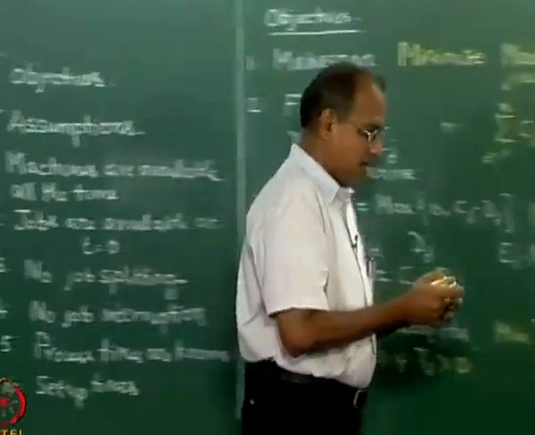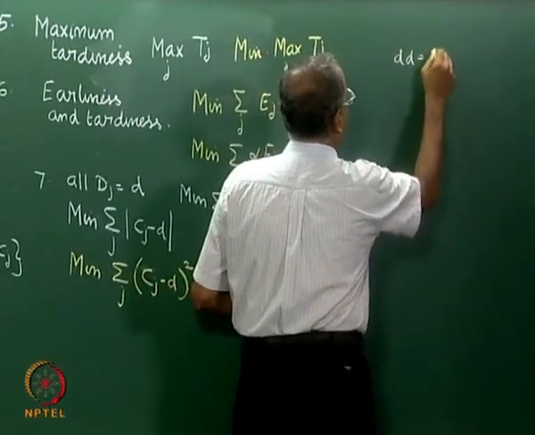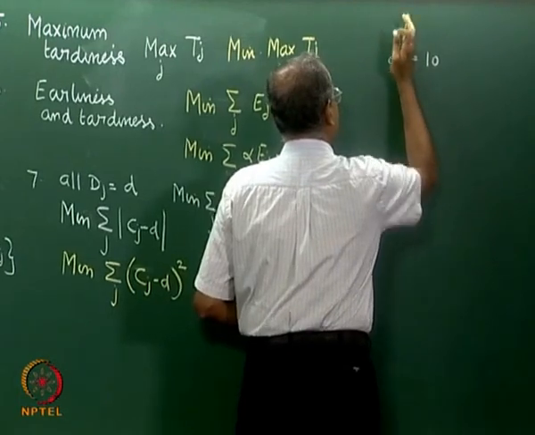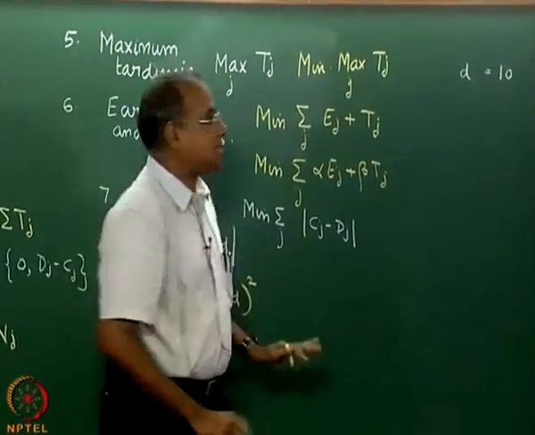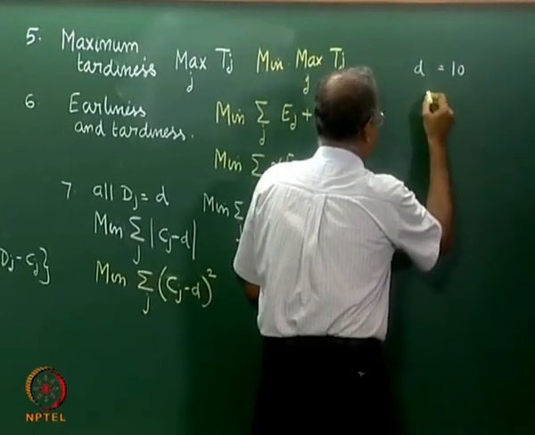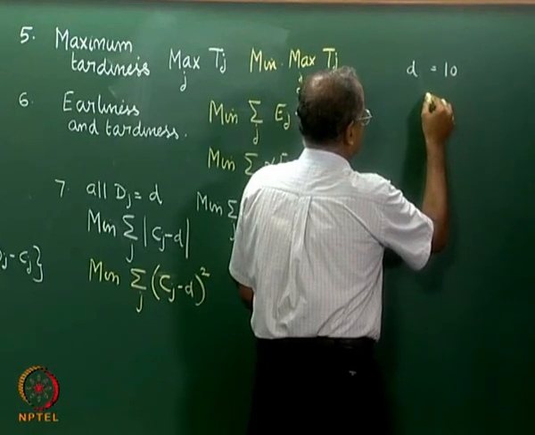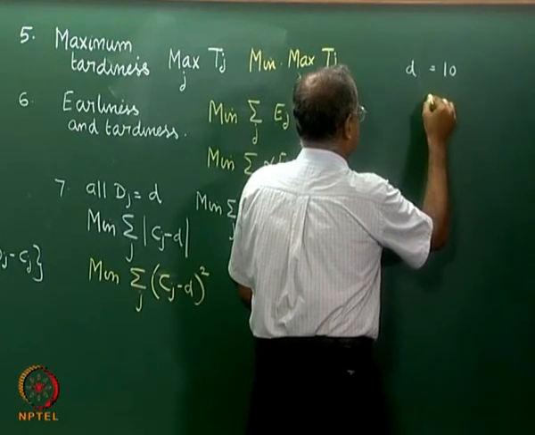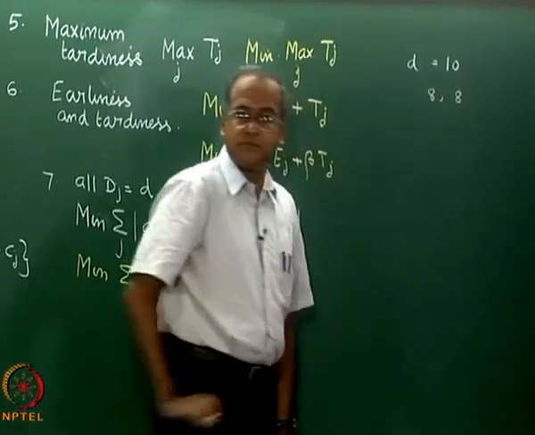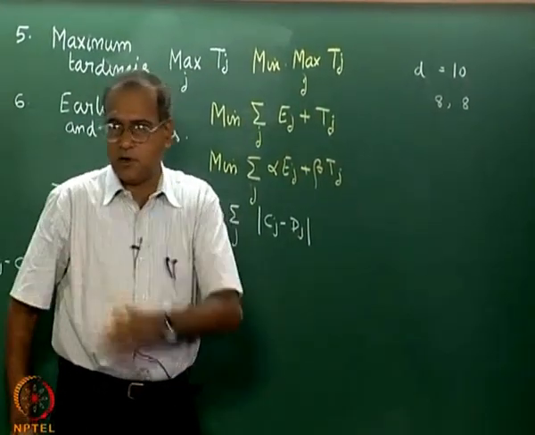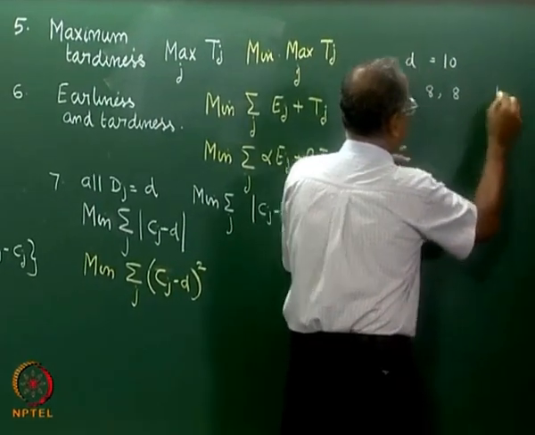For example, if the due date d equals 10, and we have two completion times, 8 and 8, then the sum of the absolute differences would be 10 minus 8 plus 10 minus 8, which is 4.